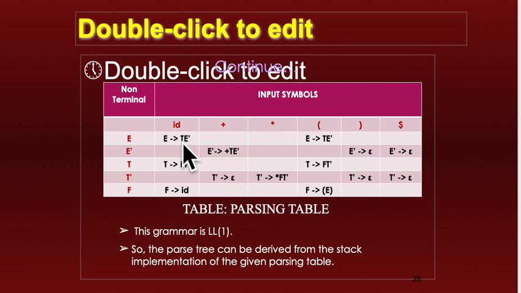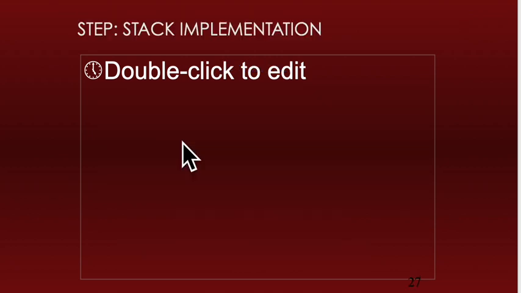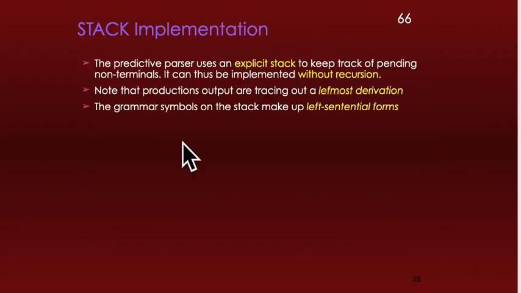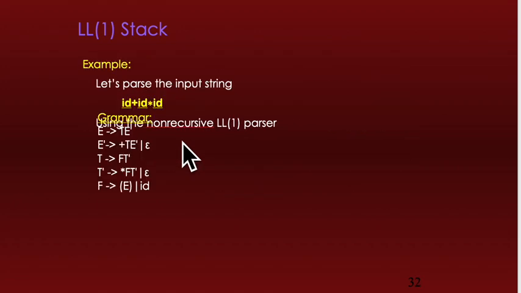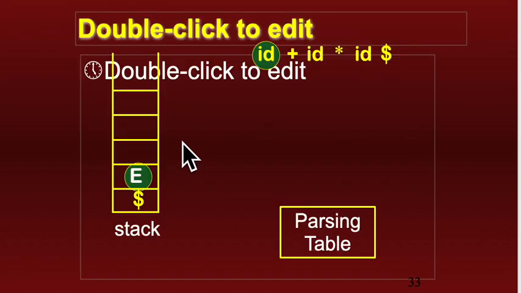Okay, so the given grammar is LL(1), and the parse tree can be derived from the stack implementation of the given parsing table. So how are we going to do the parse tree implementation? This is the grammar. Initially, when we are doing acceptance of the string, the input string is id plus id star id.